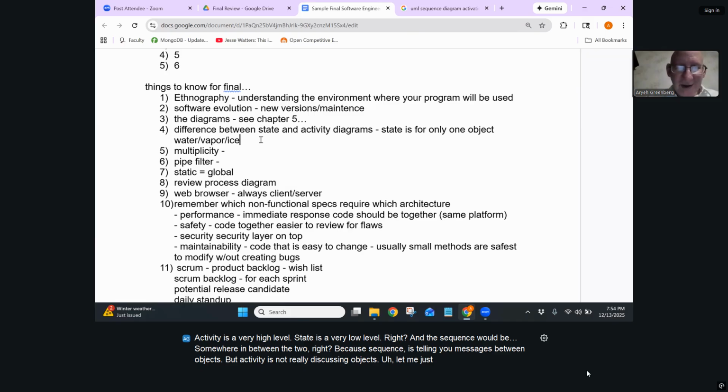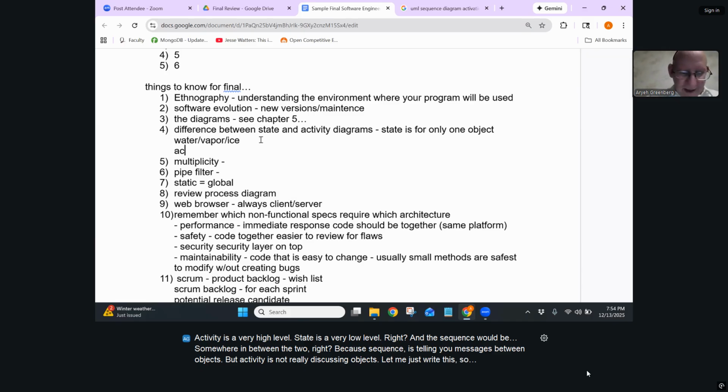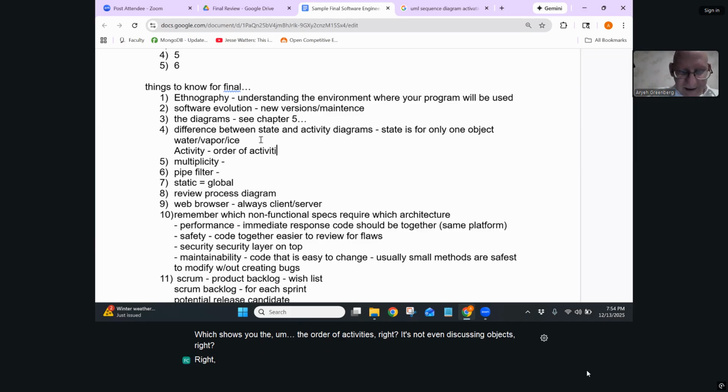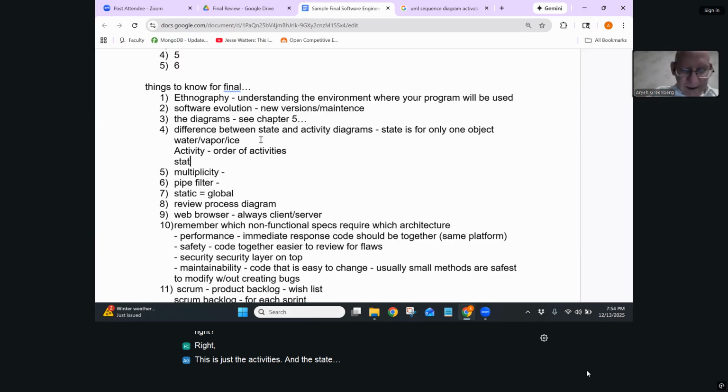Let me just write this. Activity shows you the order of activities. It's not even discussing objects, just the activities, so it's high level.